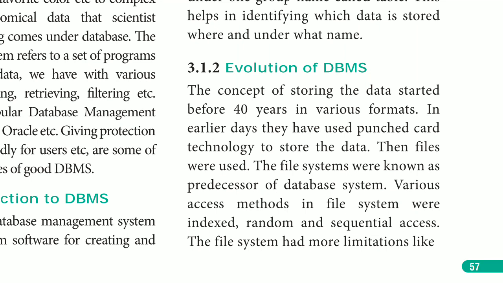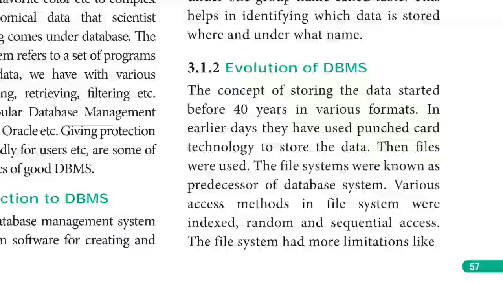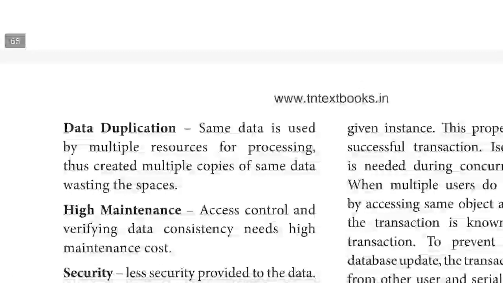The accessing methods in the file system were indexed, random, and sequential access. The file system has more limitations. Data duplication: the same data is used by multiple resources for processing, thus creating multiple copies of the same data, wasting space.